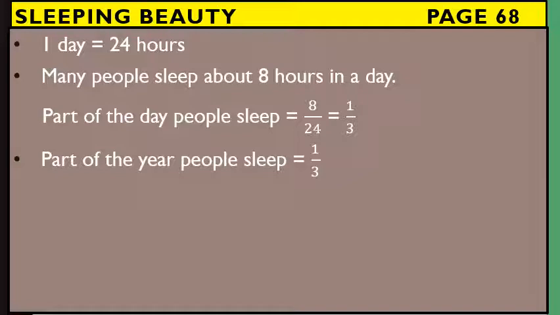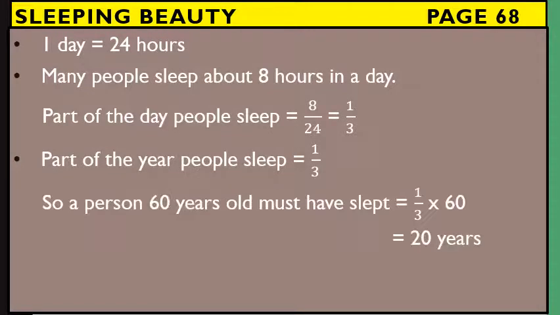So a 60 years old person will sleep 1/3 of 60, that is 60 divided by 3, that is 20 years. So if a person sleeps 8 hours every day, then when he becomes 60 years of age, he has slept 20 years, that is 1/3 part of his age.